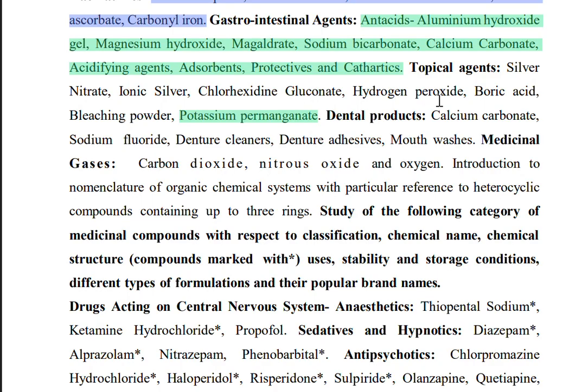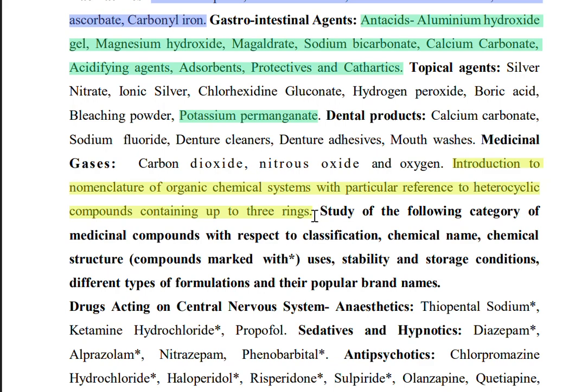And the medicinal gases such as carbon dioxide, nitrous oxide, and oxygen: which cylinder color, and how much gas is given to the patients. Questions like that may be asked in this topic. Moving on to the next topic, introduction to the nomenclature of organic pharmaceutical systems with respect to heterocyclics containing up to 3 rings only.